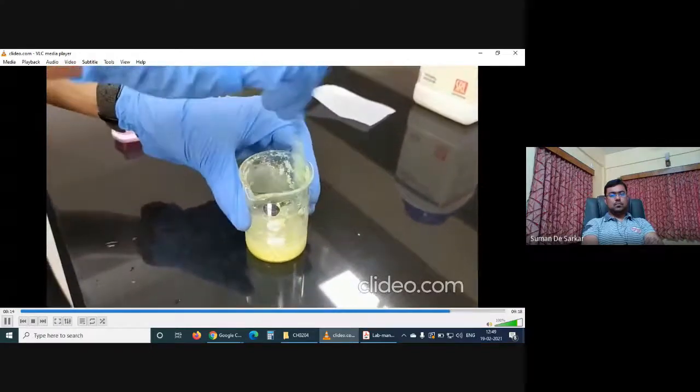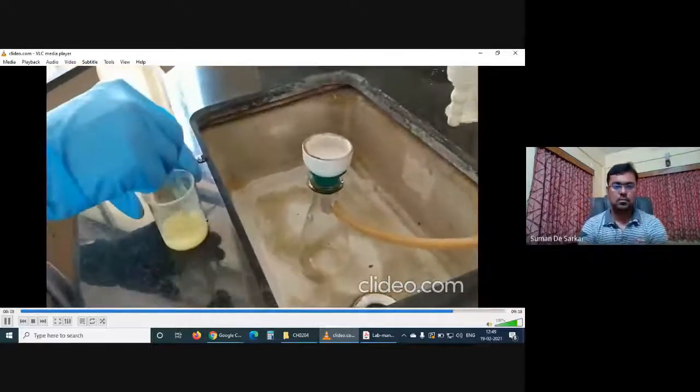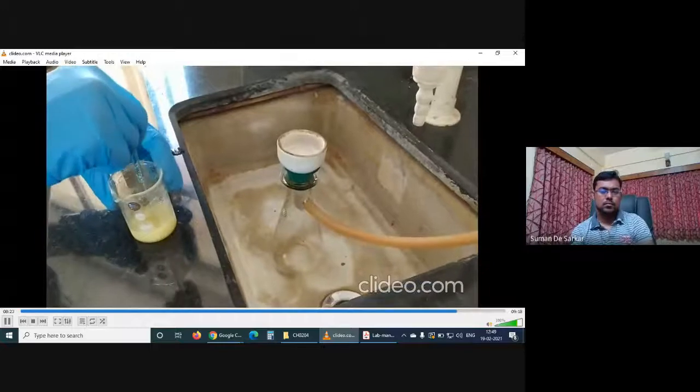So we are now ready for filtration. We are filtering the compound using an aspirator and Buchner funnel.